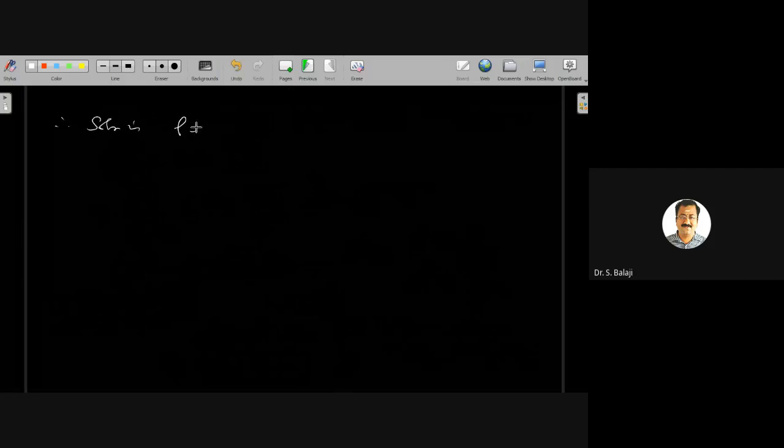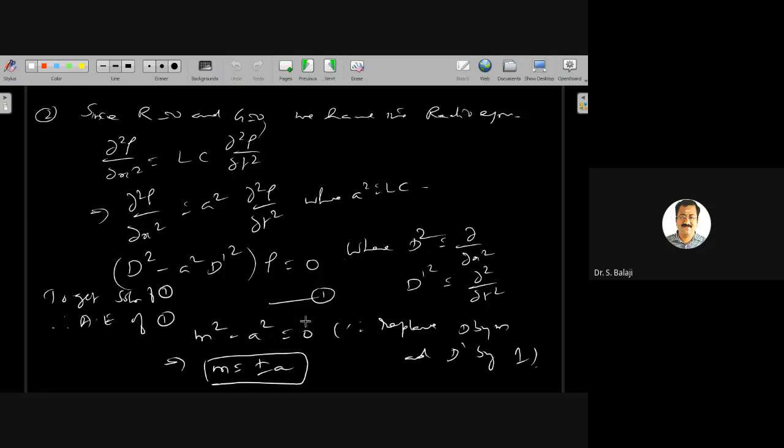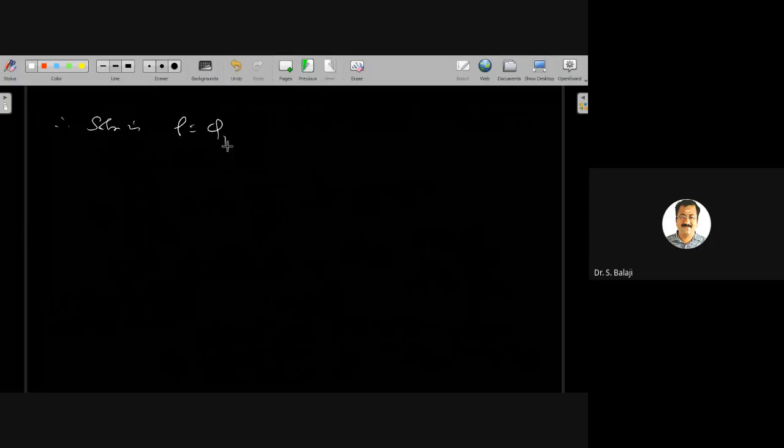Because of plus or minus a, you can write the solution as rho of x comma t is equal to pi 1 of y plus ax plus pi 2 of y minus ax.